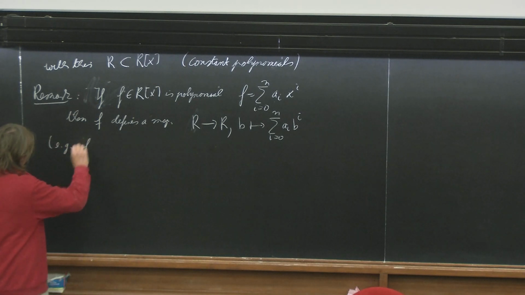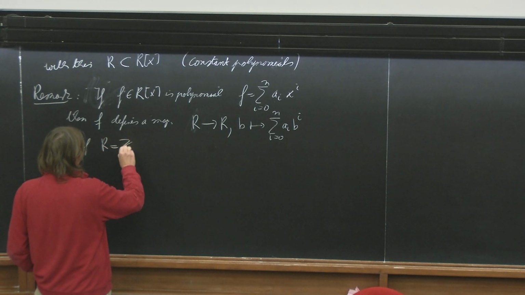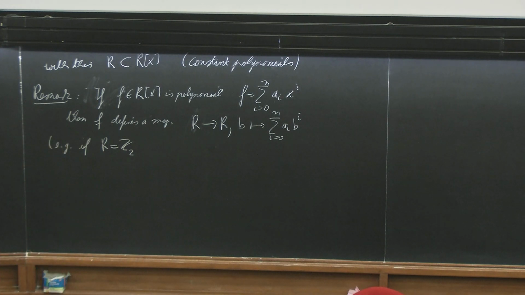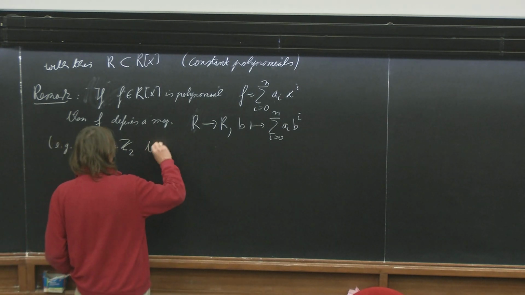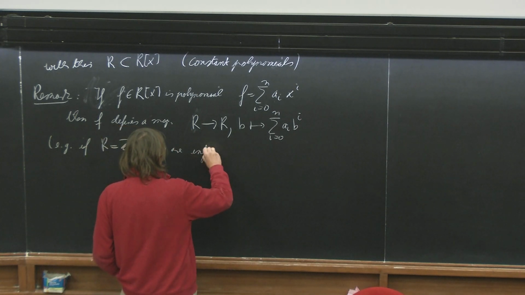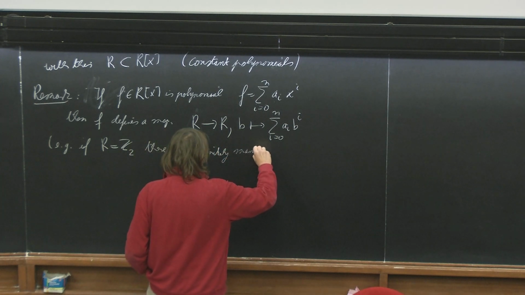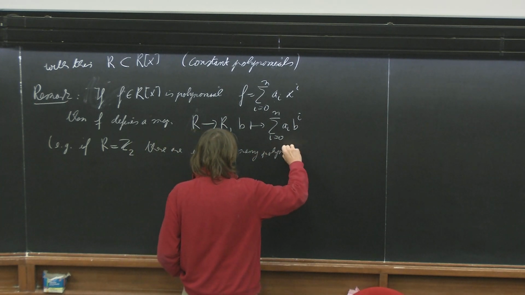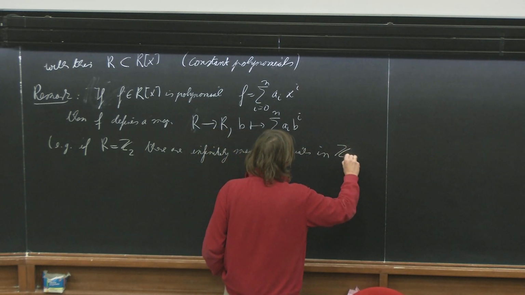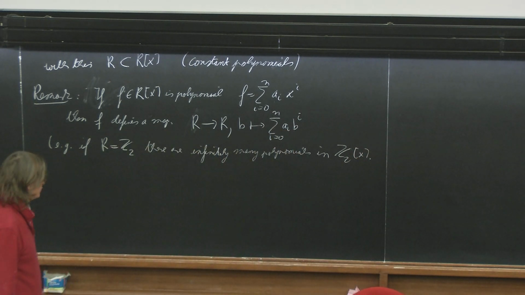For instance, if R is just, for instance, Z2, this has just two elements, there are still infinitely many polynomials in Z2[x], but there are very few maps from Z2 to Z2. There are only 4 ways you can find a map from Z2 to Z2.